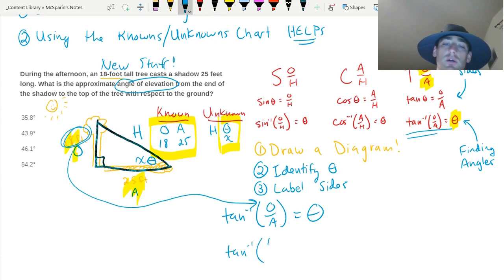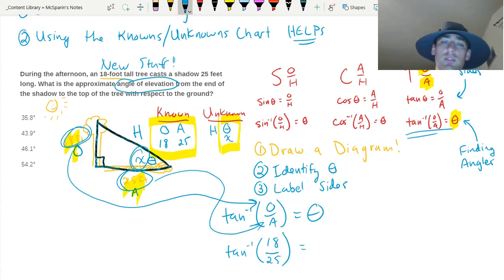Tangent inverse of 18. I know that my adjacent is 25. So I'm going to put it there. I know that my theta is x. So I'm going to put it there.